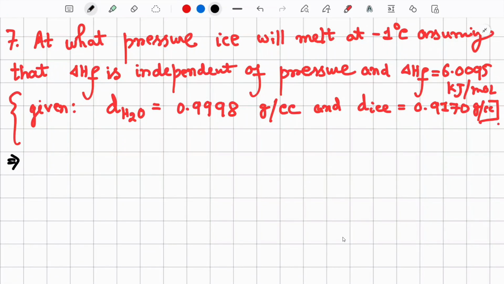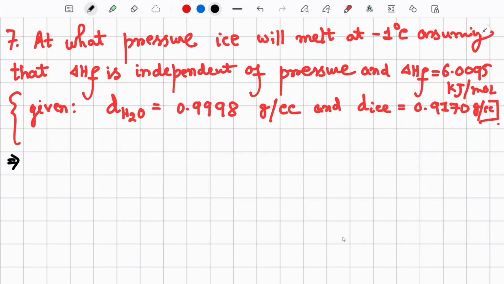Where is the latent heat of ice? It is not given. No, that is not given. That is not even needed. Try it, it's a very good question. Which equation is needed for phase transition?